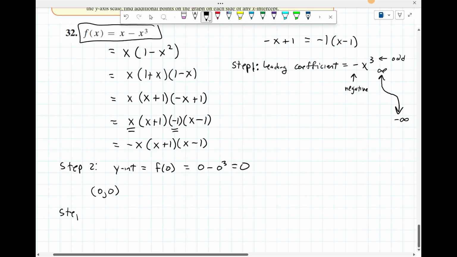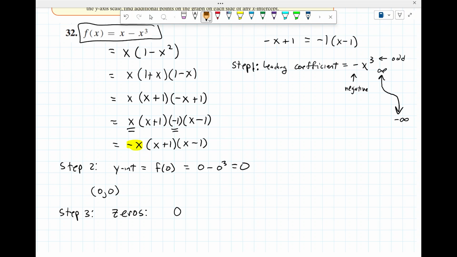Next, let's look at our x-intercepts. In other words, let's find all the zeros and their multiplicity. First zero, I look at this. Okay, when is negative x equal to 0? When x is equal to 0. Right, so we have a 0 at 0.